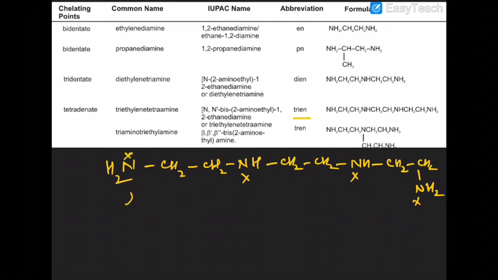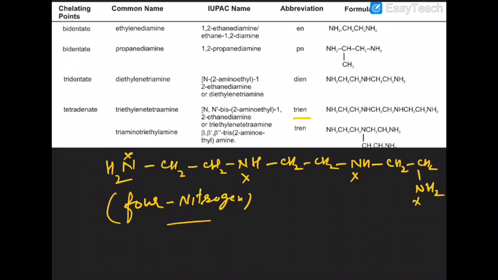So there are 4 nitrogens which can give you electrons. So this is a tetradentate ligand.